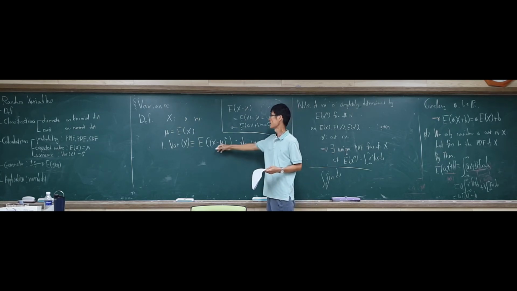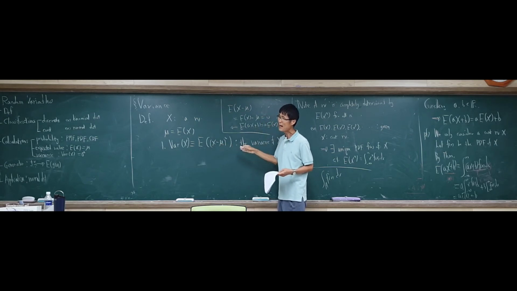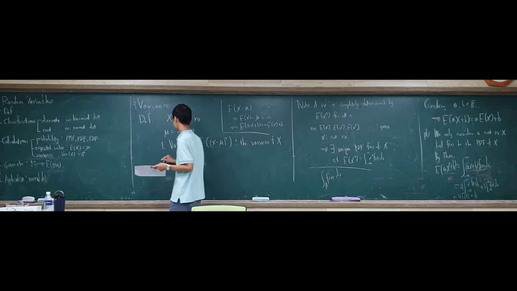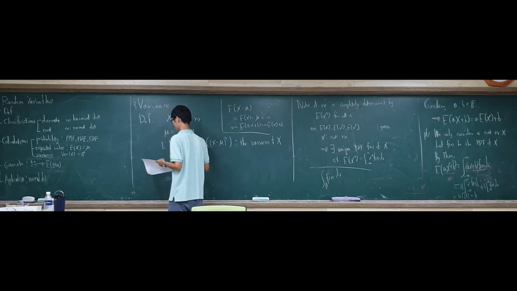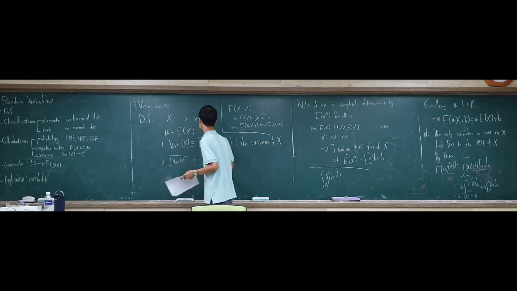But usually the variance defined in this way is some positive number, and it measures how the values of X are scattered. If you take the square root of variance, then it is called the standard deviation.